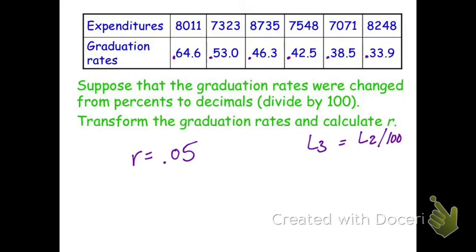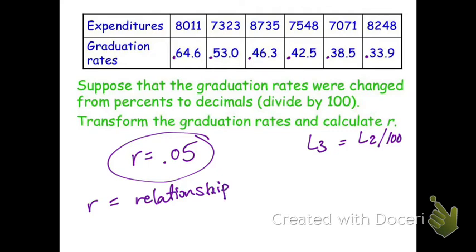Luna, what do you mean by that? So when I divided all of my points by 100, that did not change my correlation. So multiplying and dividing all points does not change your correlation, because your correlation coefficient R is the relationship between the points.